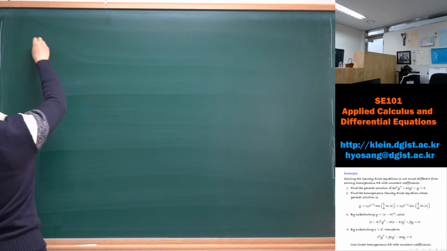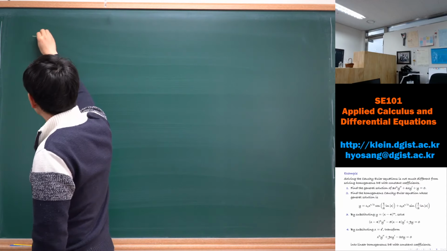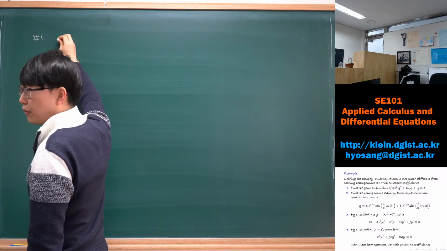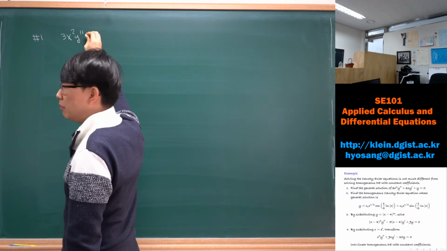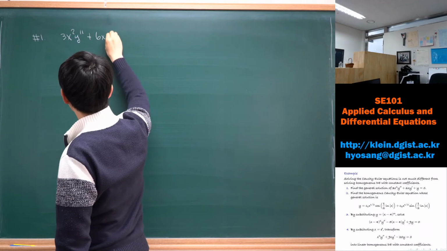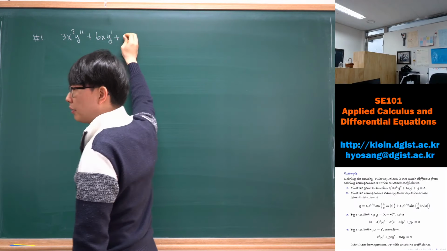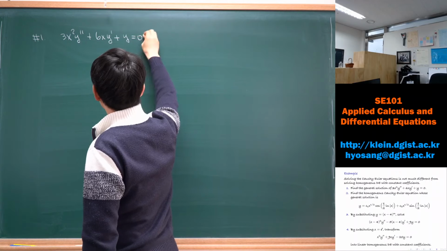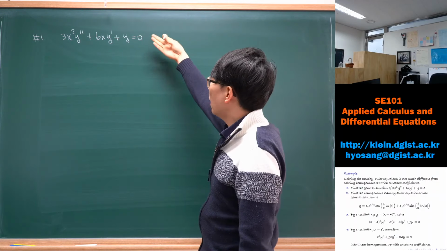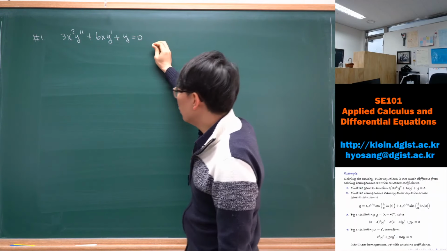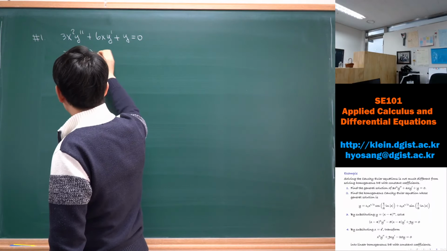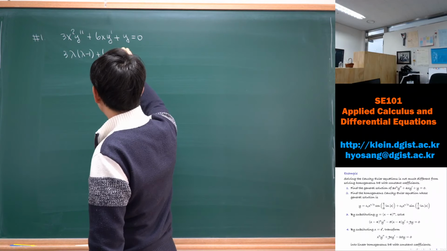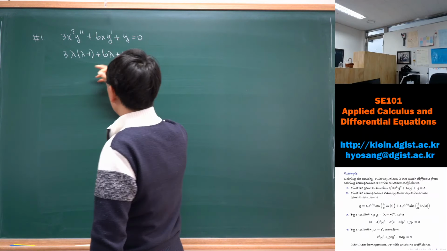Here we have the differential equation 3x squared y double prime plus 6xy prime plus y equals 0. You have to notice that this is a Cauchy-Euler equation. So the characteristic equation is 3 lambda (lambda minus 1) plus 6 lambda plus 1 equals 0.